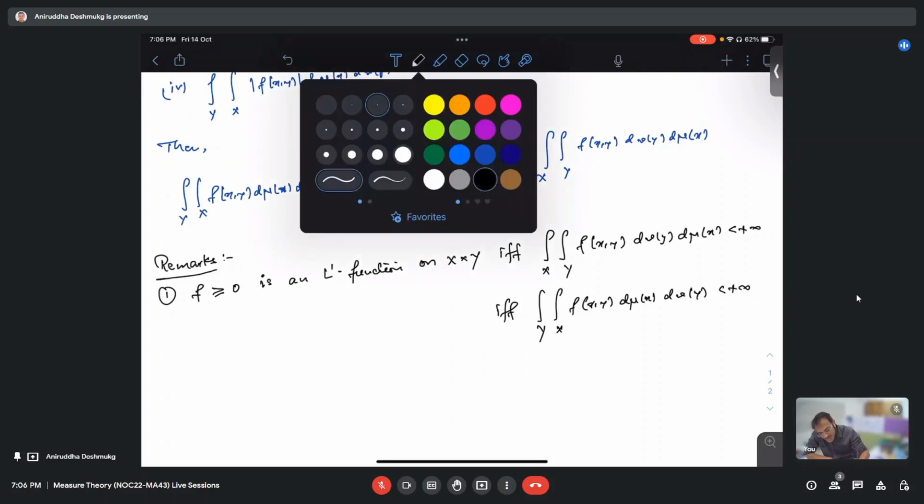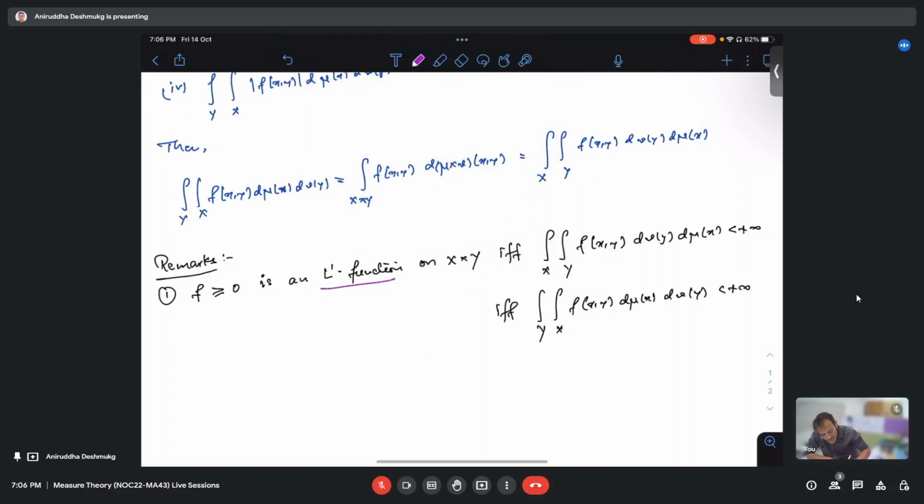And of course, being an L1 function means integral over X cross Y of f(x,y), d mu cross nu, is finite. So Fubini's theorem tells us that if we have a non-negative measurable function, then to check whether it is an integrable function on the product space, it is enough to check one of the two iterated integrals. And if any of them is finite, then all three are finite and they are equal.